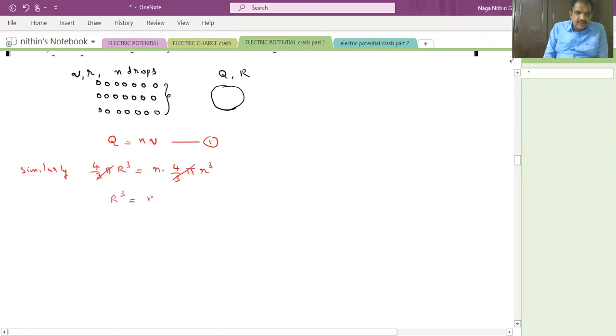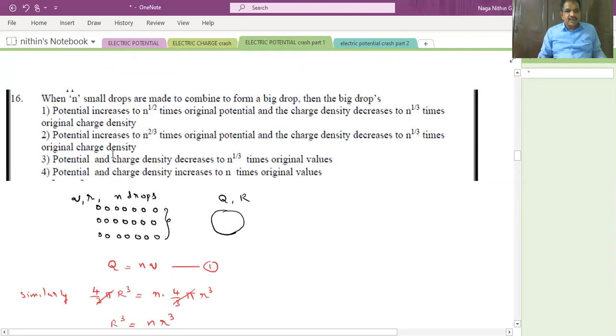R cube is equal to n into small r cube. R is equal to n power 1 by 3 into small r. This is the relation between the radii, and the other is the relation between the charges.